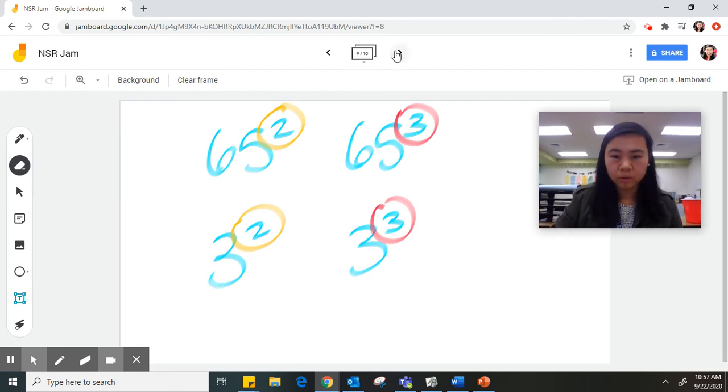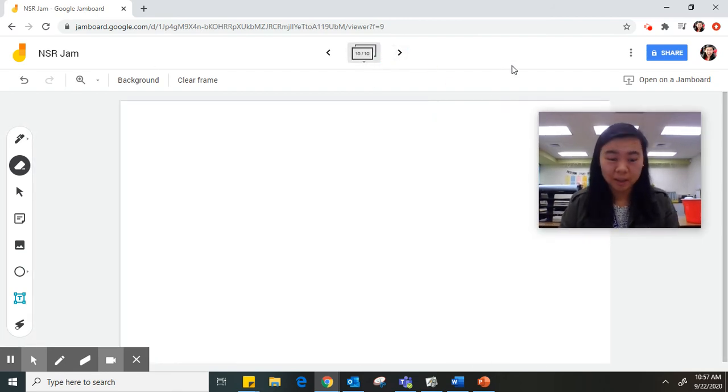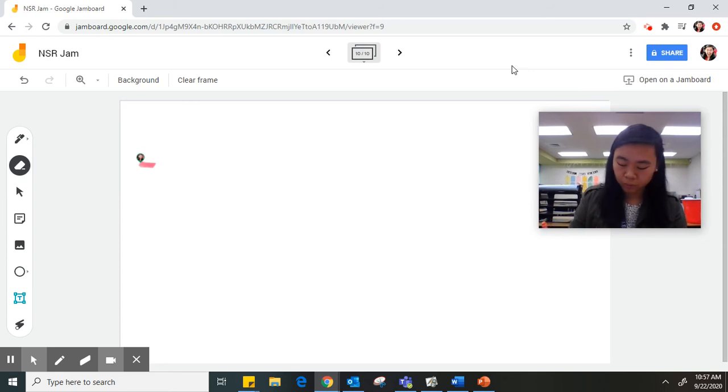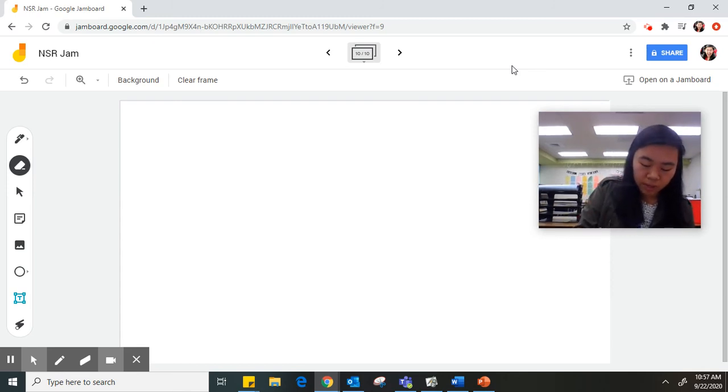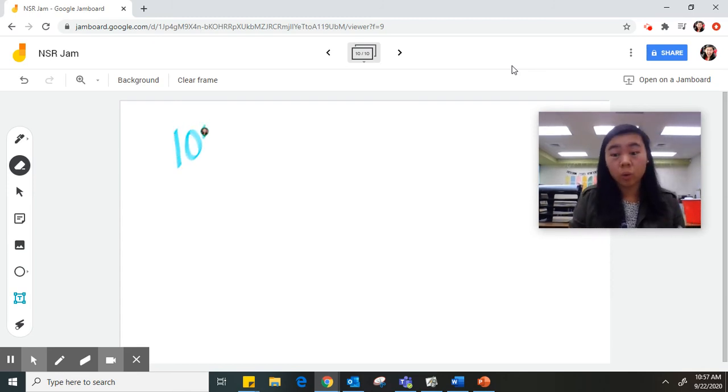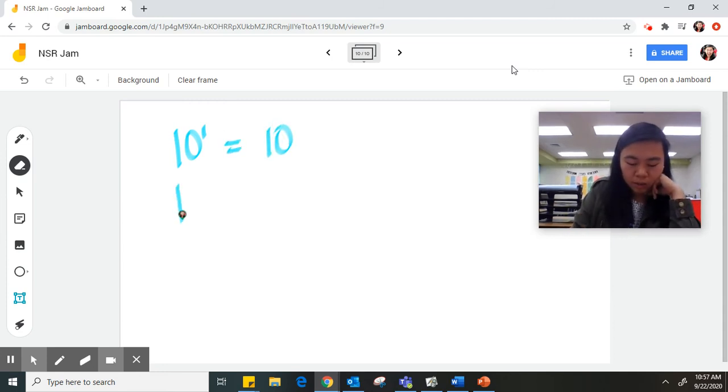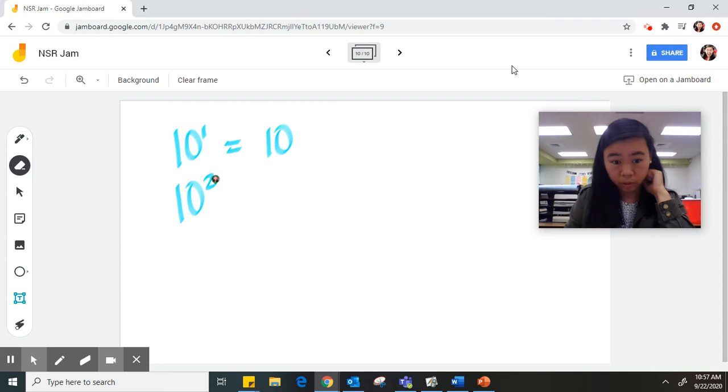One last thing I want to go over is this little trick. 10s are really, really cool. And again, you can use a calculator. You don't have to memorize this or anything. So 10 to the first power, what does that mean? I have 1 10, just plain old 10. 10 squared, what does that mean?